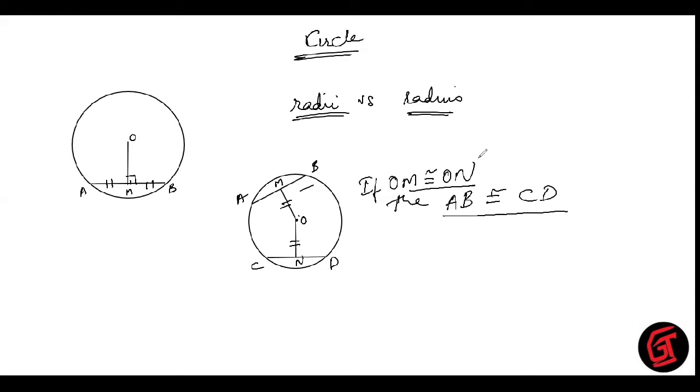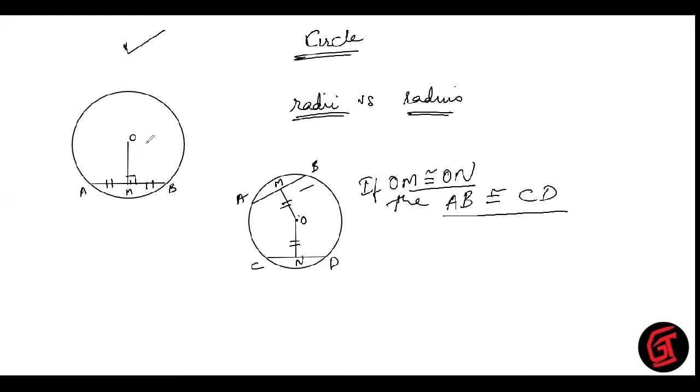Perpendicular drawn from the center of the circle to the chord bisects the chord. This is the converse of this theorem. In this theorem, what I had told before: if OM is the line from the center to the chord, and if AM is congruent to MB, then OM is perpendicular to AB.